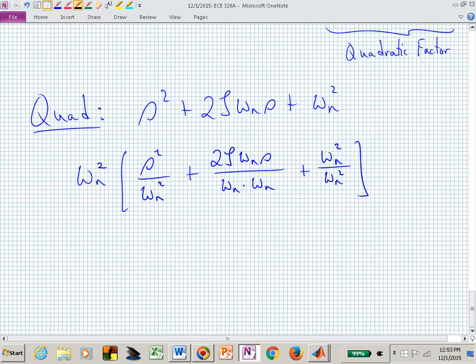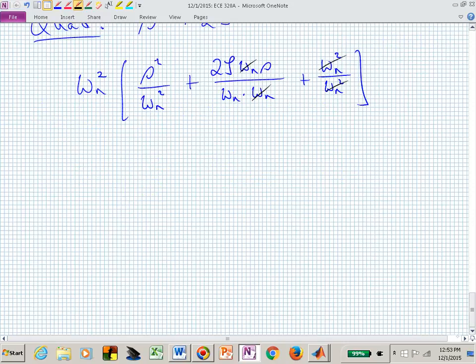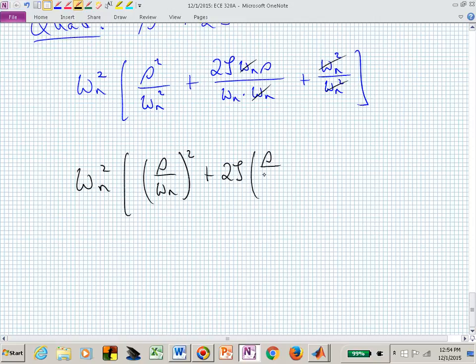And we can now start to clean this up a little bit so that we can rewrite that as s over our natural frequency, that quantity squared, plus 2 times the damping ratio times s over omega sub n plus 1.